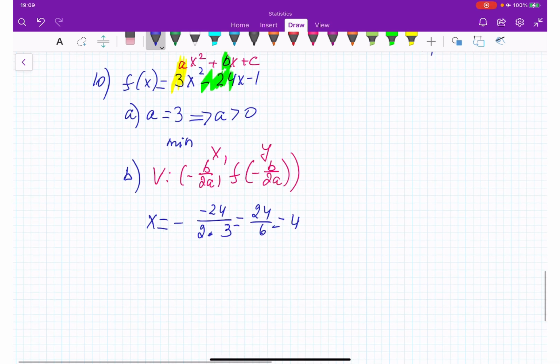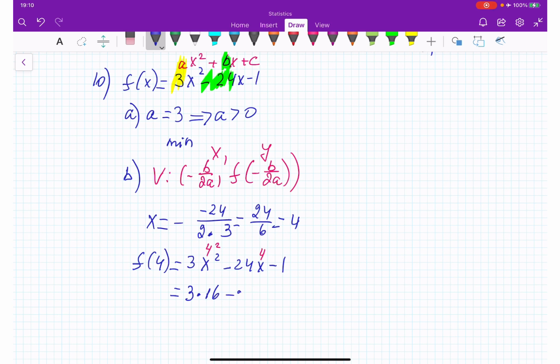Now let's find the function f of 4, which is 3x squared minus 24x minus 1. So plugging in 4, it's going to be 3 times 4 squared, which is 16, minus 24 times 4 minus 1.